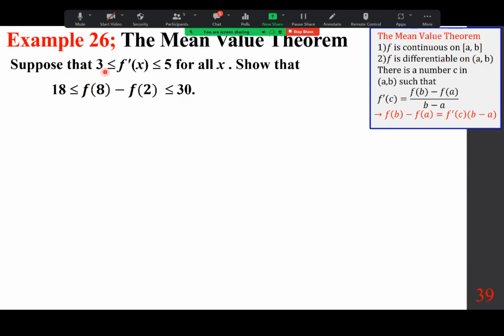The fact that f prime is between 3 and 5 means the function is differentiable everywhere, including the interval. What interval are we referring to? Compare this with the numerator, f of b minus f of a. So b must be 8, a must be 2.